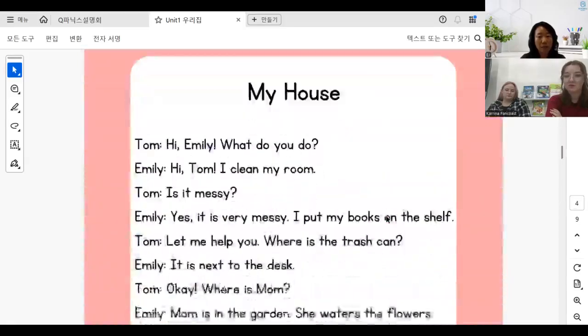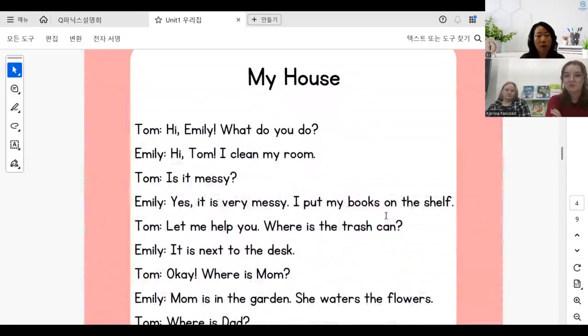And this one is more of a conversation way, same content, but that was just sentences, and this one is conversation. Tom and Emily, two people make a conversation, like acting. It's not like, hi Emily, what do you do? Not like that. Like acting. I become Tom. Hi Emily, what do you do?